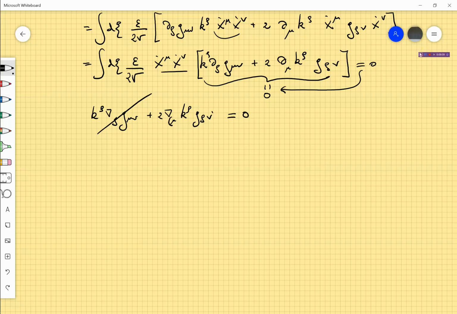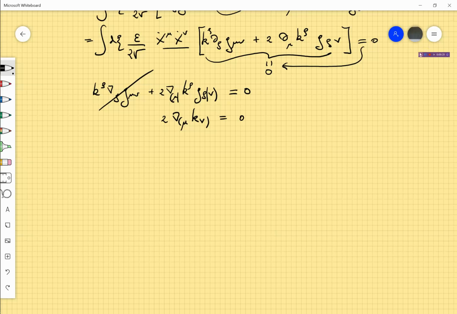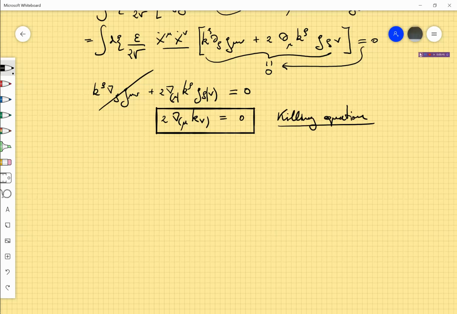So really the equation that we have is this, and when I lower the index rho, what I get is 2 times the symmetrized derivative of k mu equal to 0. And remember that we even gave a name to this equation, which is the Killing equation. Well, now I'm not sure that I gave this name, but if I didn't give it, I give it now.